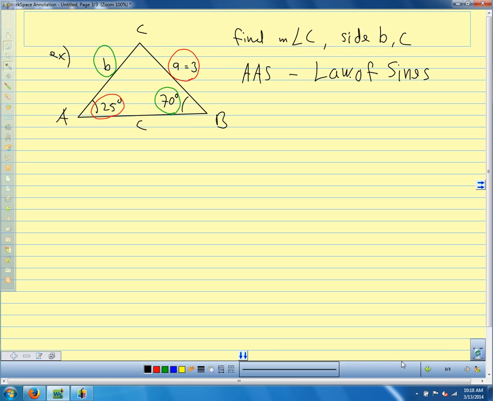But before we set up law of sines, let's solve the easiest problem first. How do we find the measure of angle C? Add these two together and then subtract from 180. Because all the angles in the triangle have to add up to 180. So we can find angle C really easily. So the measure of angle C, before we even do law of sines, is 180 minus 25 minus 70.